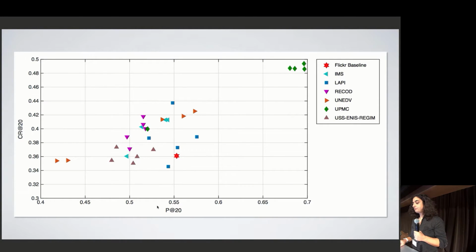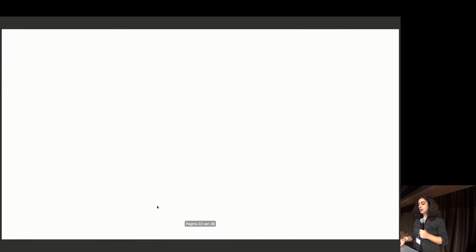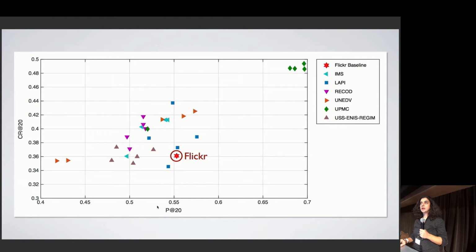Just to show the difference, between the Flickr result, what we see is that not that many approaches actually managed to improve the relevance of the Flickr result, but most of the approaches improve the cluster recall, or the diversity of the achieved results.